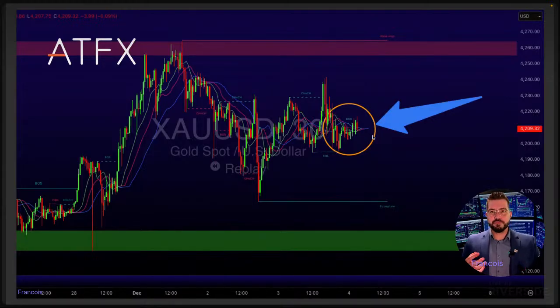Now, based on this, it may be indicating that there is a range or an accumulation phase busy building. And if you enter into the market now, you're just going to be wasting a trade and you might get stopped out unnecessarily. Okay.